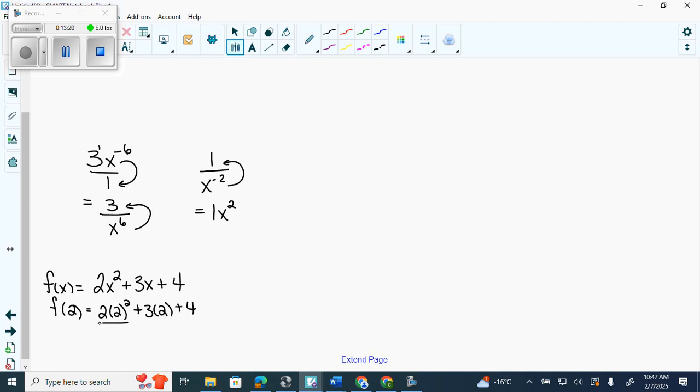This term is changing, correct? It's going to be something different than that one, isn't it, when I plug it in? What about this one? That'll be different. What about this one? It remains constant. No matter what I plug in for x, it's not going to change. So it's called the constant term. The constant term is the one without a variable.